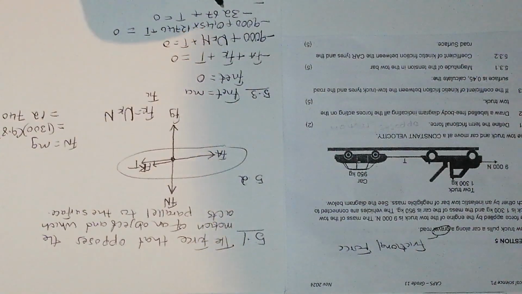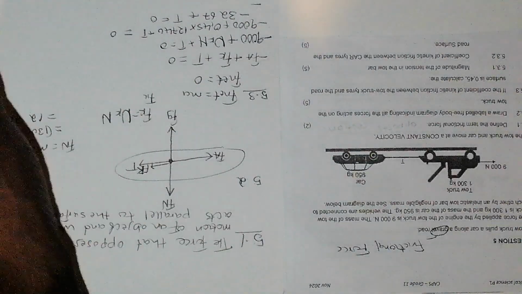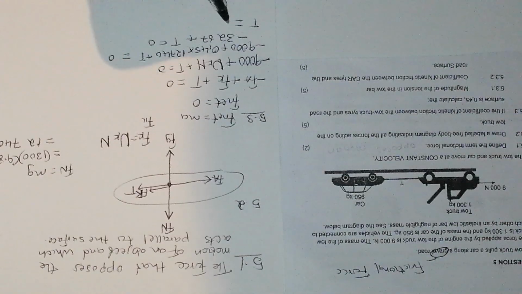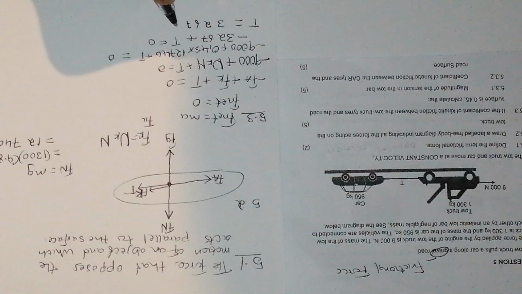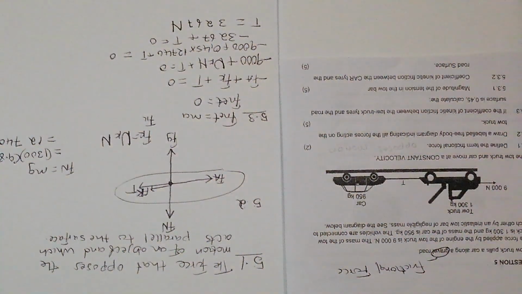Therefore, you can take this number to the right, then we'll have positive T equals 3267 Newton, because T is also a force.